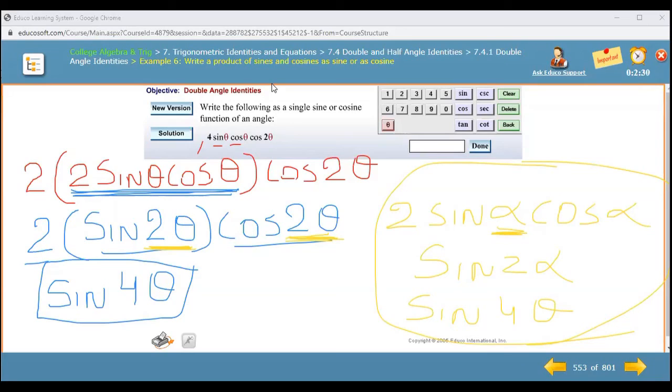It depends on you how you figure out to solve this question. There are different ways to solve it. For sure, a similar question will be on your exam. The question can be, say, other than 4, we can use any other number, like let's say 8: sine 4 theta cosine 4 theta and then cosine 8 theta.